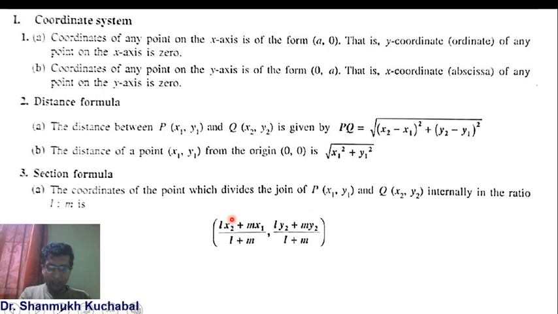Similarly, x is replaced by y, so we get (L y2 plus M y1) divided by (L plus M). So this is the section formula.